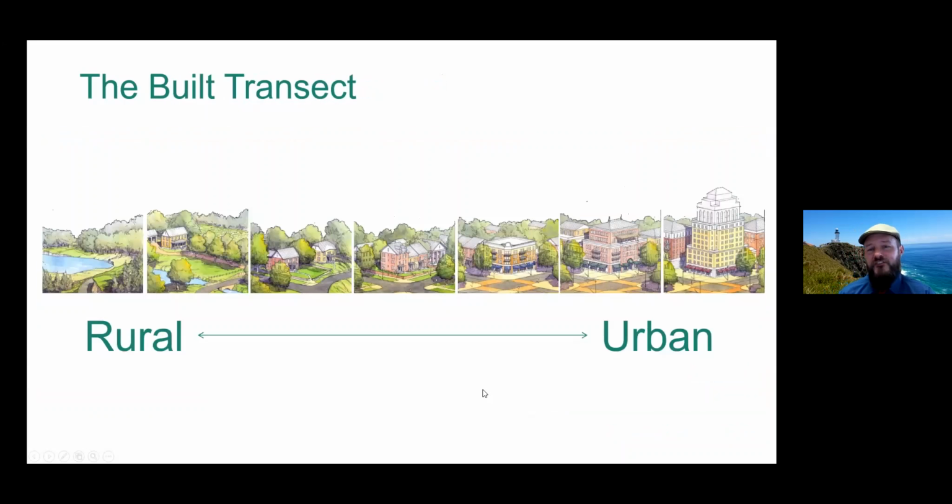The built transect, the form-based code, new urbanist transect, is really about the relationship of rural to urban. As we move along the transect, we go from more rural to more intensely urban. Where this may be the DRGR in southeast Lee County, just east of FGCU, this may be downtown Fort Myers.